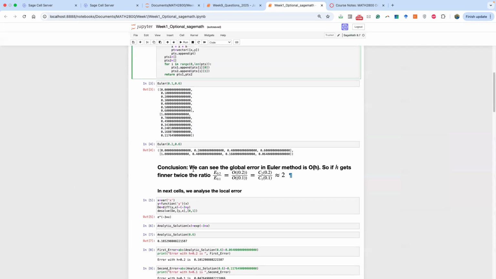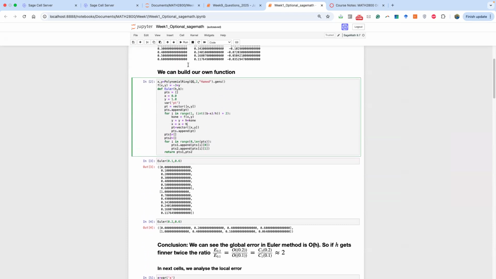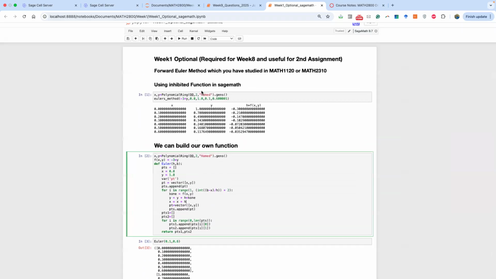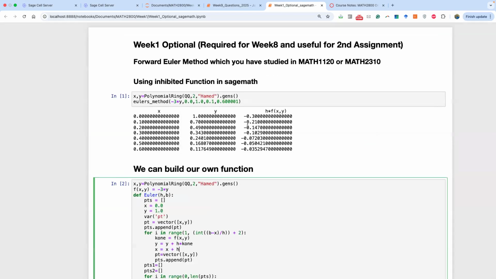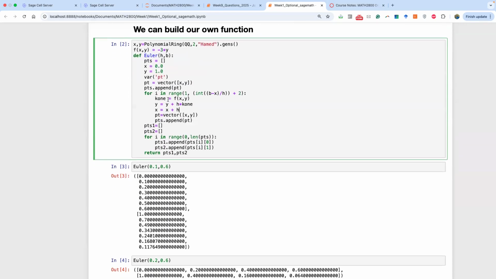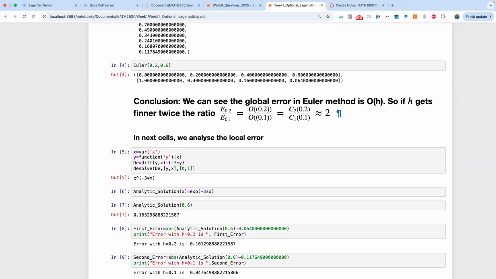So we can solve it, and we can test that it is really e to the minus 3x. So this is the f of x, y: y prime equals minus 3y. We can use the package inside Sage Math, or we can use our own algorithm.